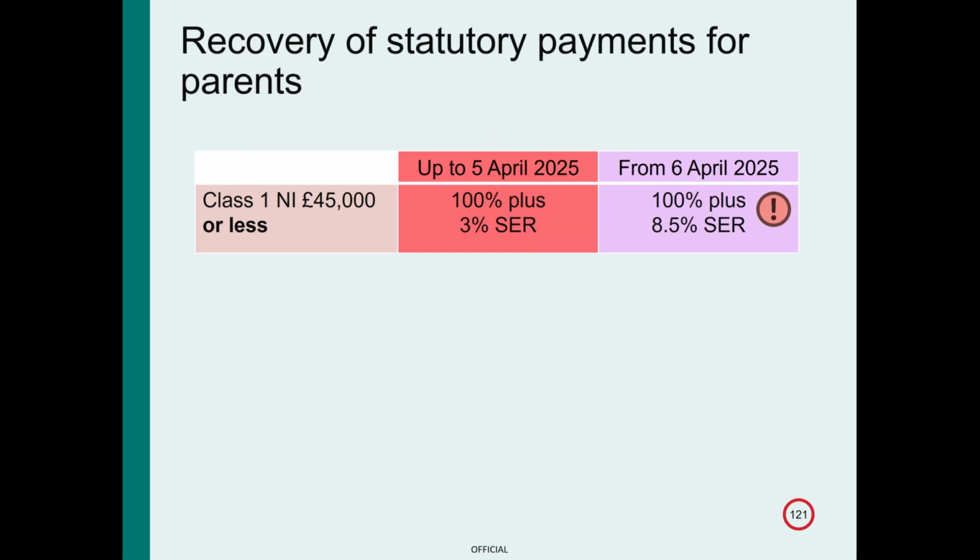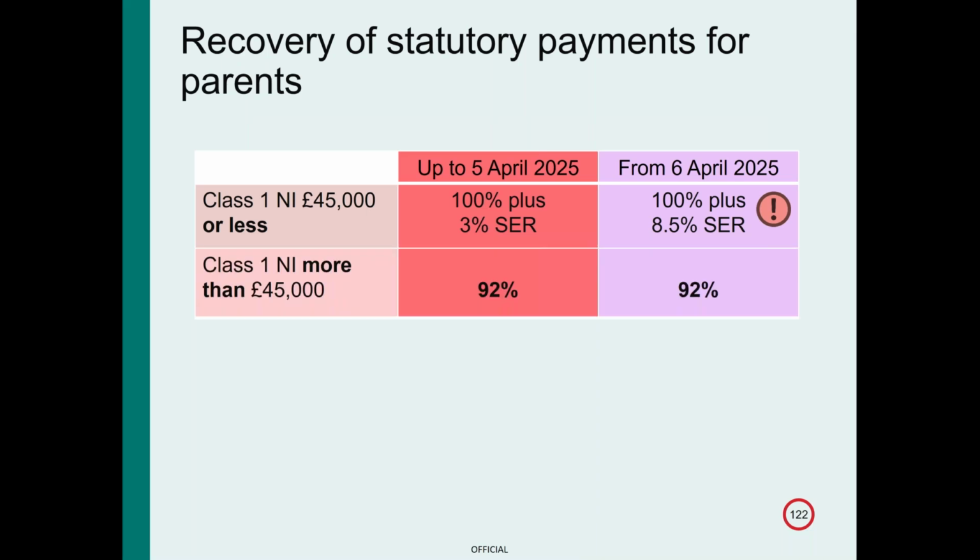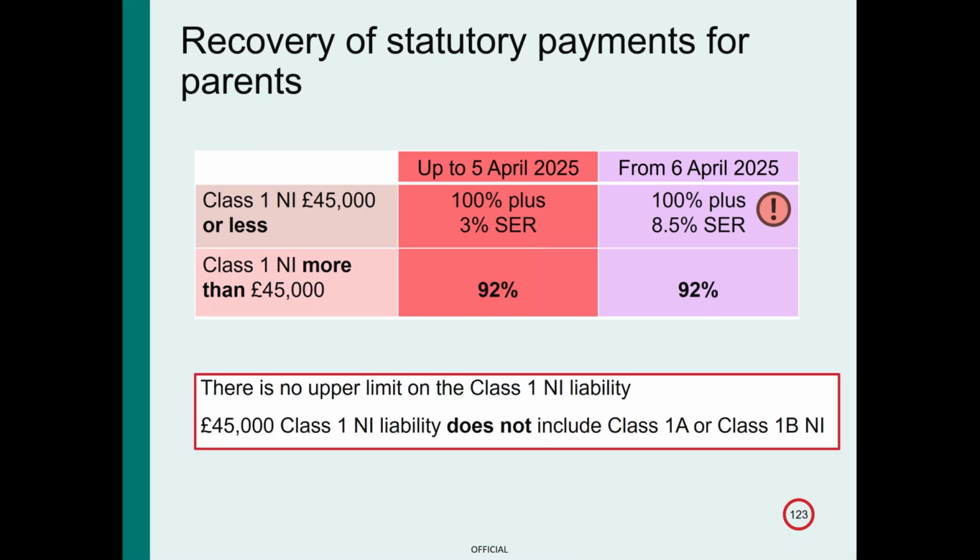This is an increase of 5.5% from the previous 3%. The general rate of recovery for all other employers remains at 92%. There is no upper limit on how much Class 1 NI they have paid, and Classes 1A and 1B should not be included.